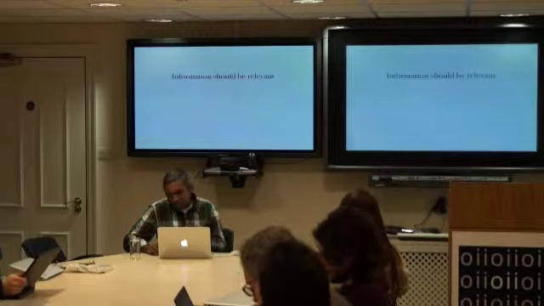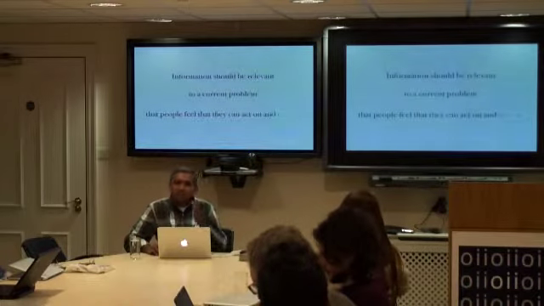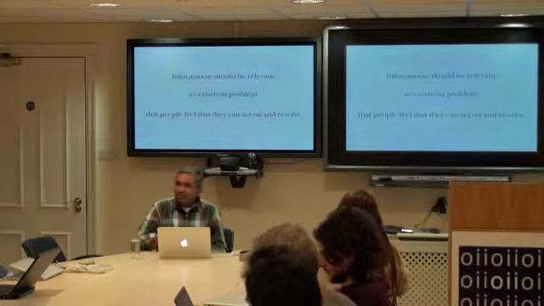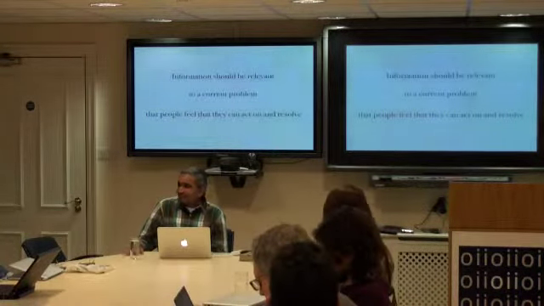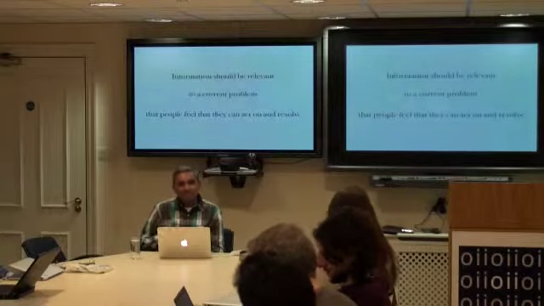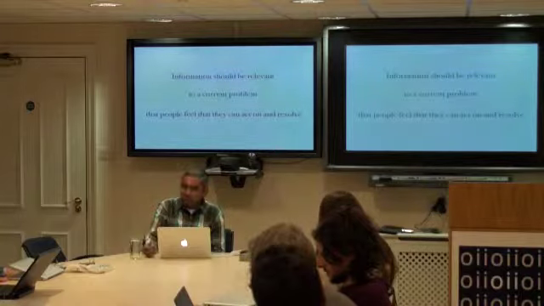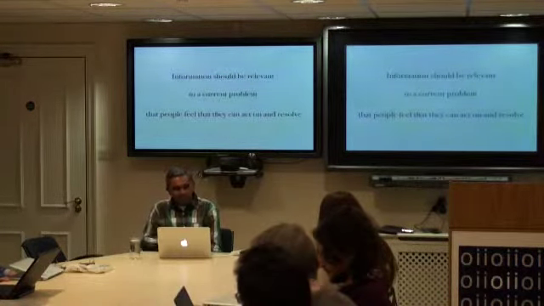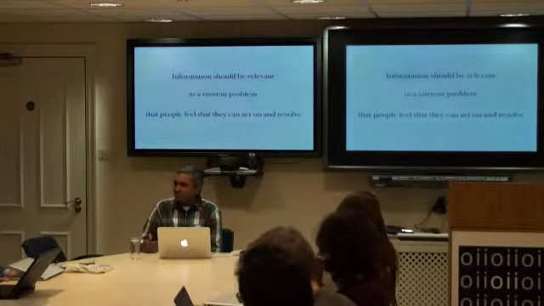And as I said, information should be relevant to a current problem that people face, but it should also be something that people feel that they can act upon and resolve. And the only way for us to know that is by having some kind of local feedback. Without that, there's no way on earth we'll be able to find out if it is a problem that people know that they can tackle, given the current level of organization, etc. So very often you might have, let's say, a very enterprising bureaucrat in a locality who's so responsive that you feel that you can act on this particular information.